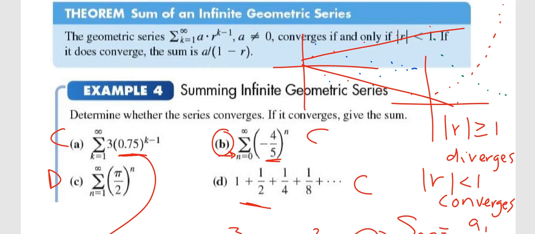We could, especially if the multiplier was a negative number like -2 or -3 or -5 or -17. In other words, the absolute value of the multiplier was greater than or equal to 1. That's where we get into this divergent situation.